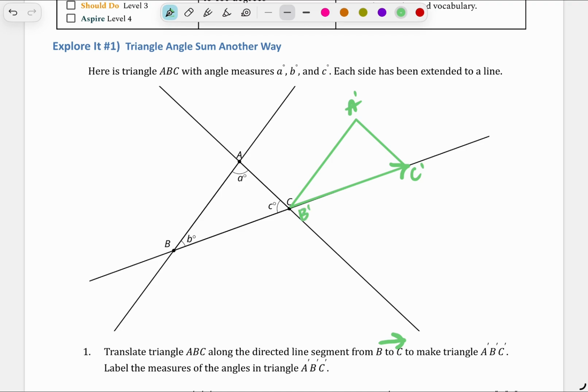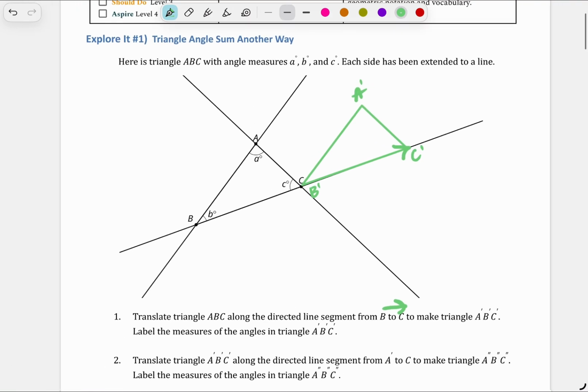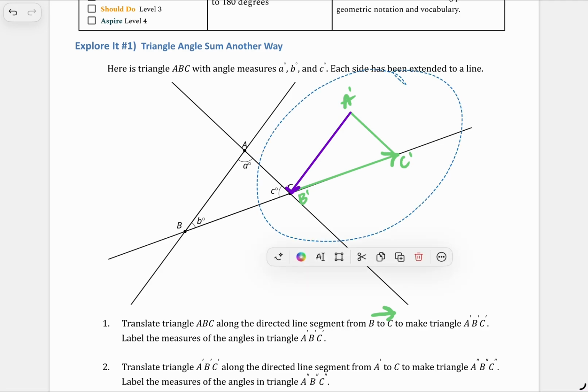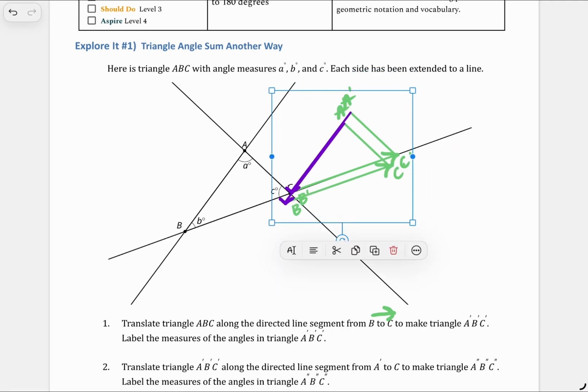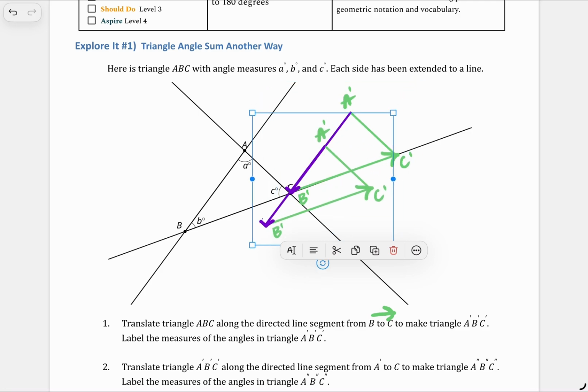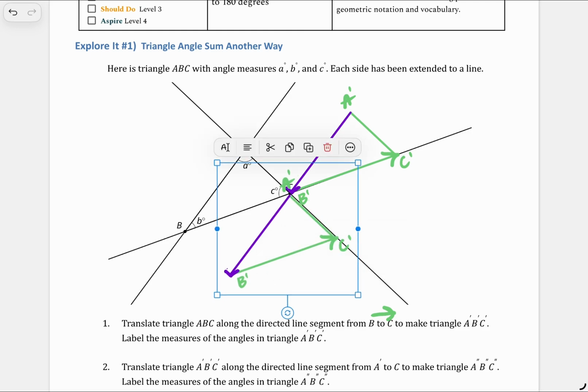Use all capital letters. 2, translate triangle A prime, B prime, C prime along the directed line segment from A prime to C. So we're going from A prime to C, which is this way. You're gonna trace this on your tracing paper with a purple arrow and then continue the arrow down this way.